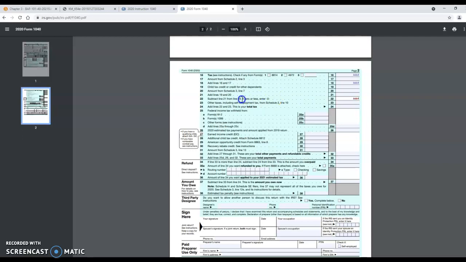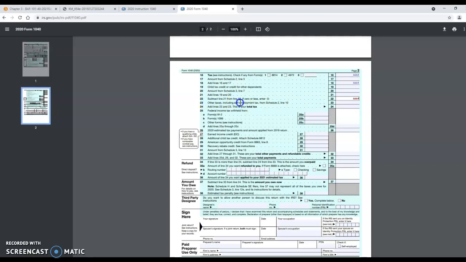Notice there is a sentence here, "If 0 or less." In other words, if this is a negative number, if line 21 is bigger than line 18, then you would have a negative number here. And then they say, just go ahead and enter 0. Don't ever enter a negative number. Just enter the 0. So that's us there.